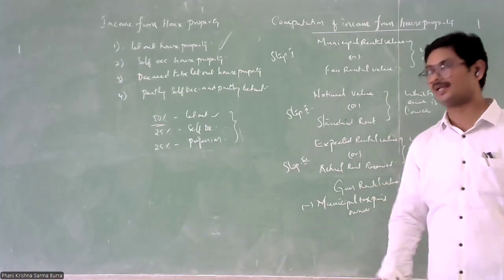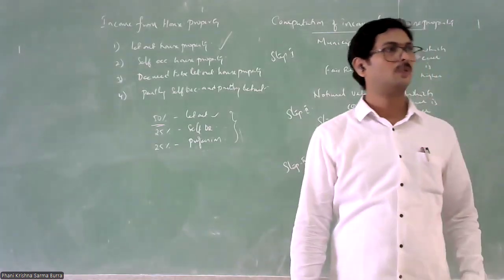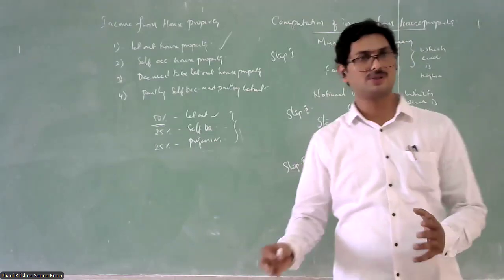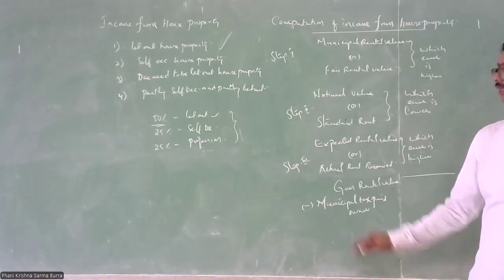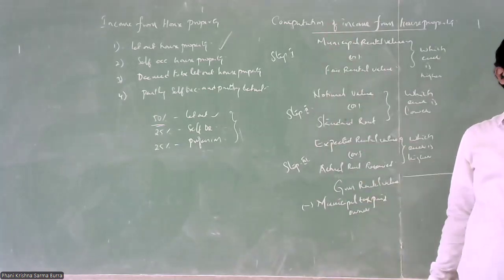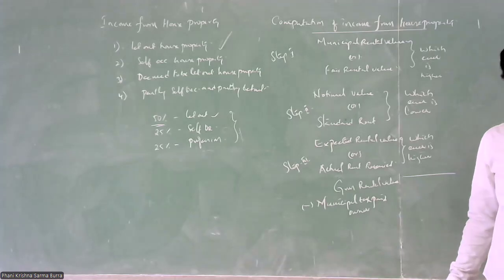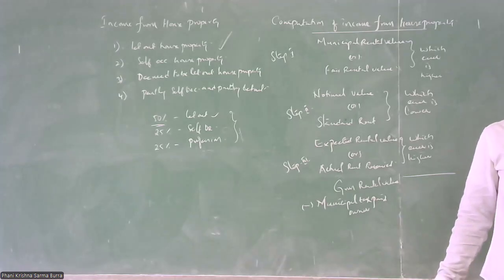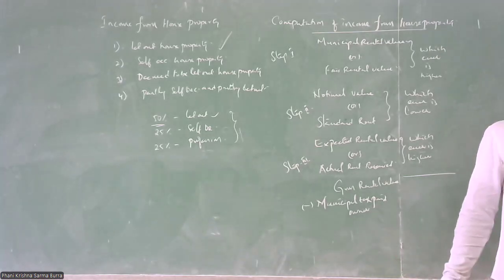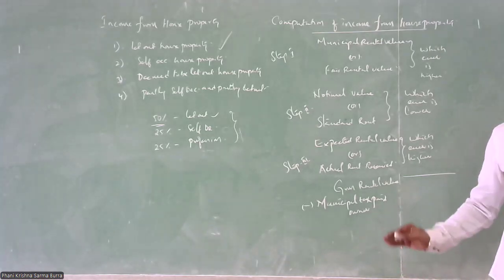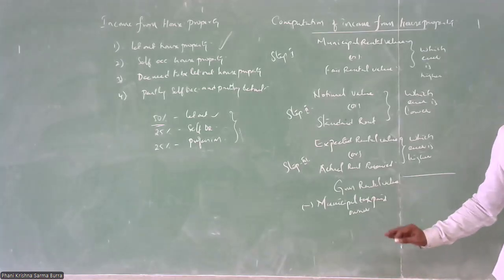In case the municipal taxes are paid by the tenant, we do not allow them, because expenses paid by the owner are allowed under the section of house property, sections 21 to 22. These are compulsorily payable by the owner.